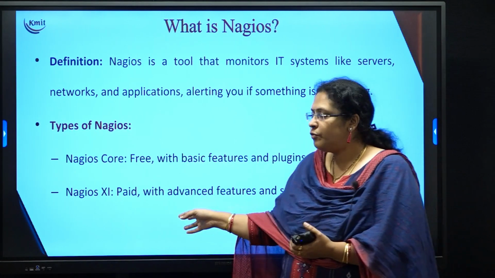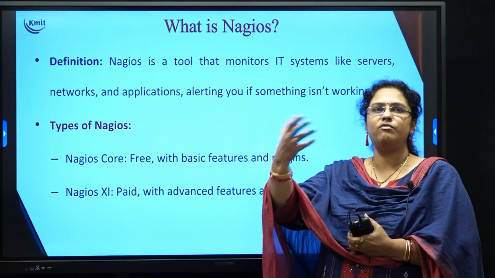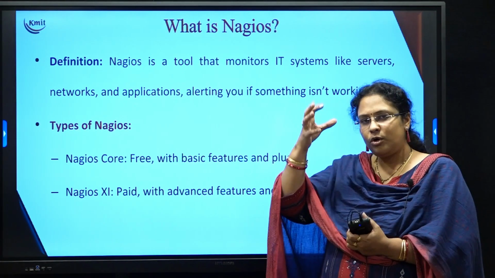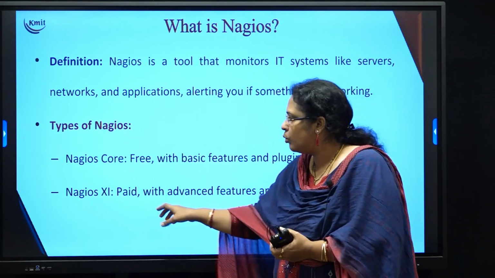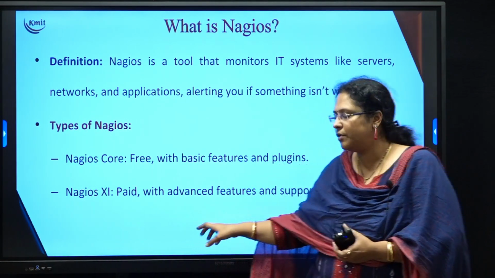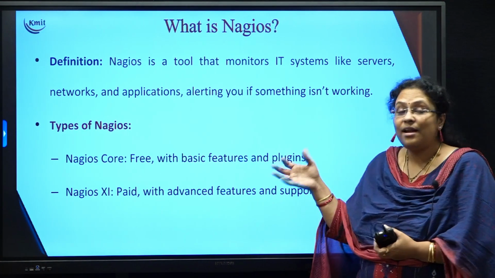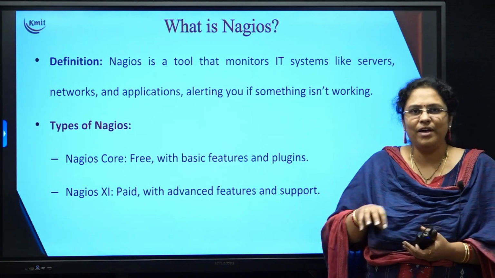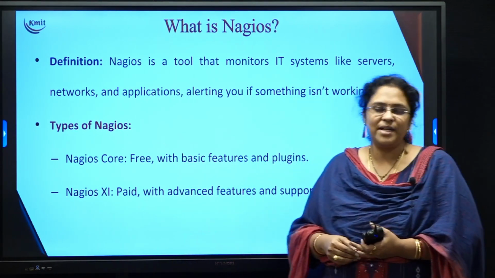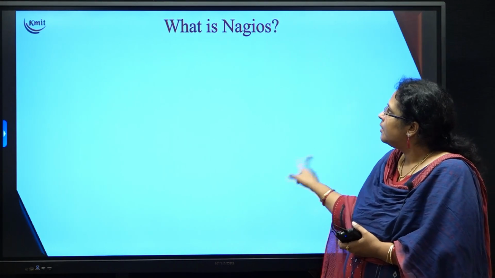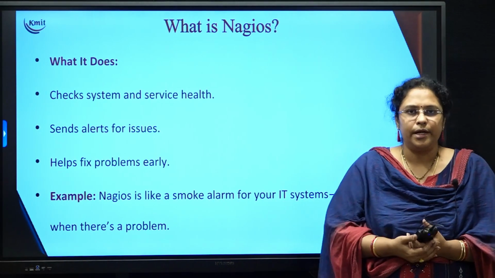Whereas if you want advanced features, more information, or want to keep track of a lot of things inside your system, then you have to go for Nagios XI, which is a paid version having advanced features and support. In our lab example, we have worked with Nagios Core, which was the basic free version.